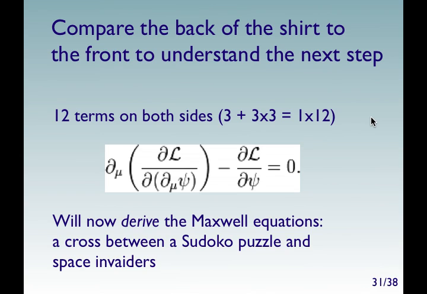As I explained it, it really is a cross between a Sudoku puzzle, oh, not Space Invaders, that's not spelled correctly, Missile Command. It should be Missile Command and Sudoku. Okay, so here I've written this out by hand, and if you get serious about this topic, I highly recommend doing this by hand because it's just fun when you finally get all the signs right.